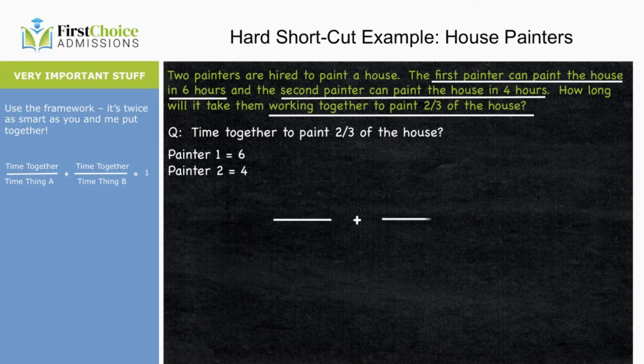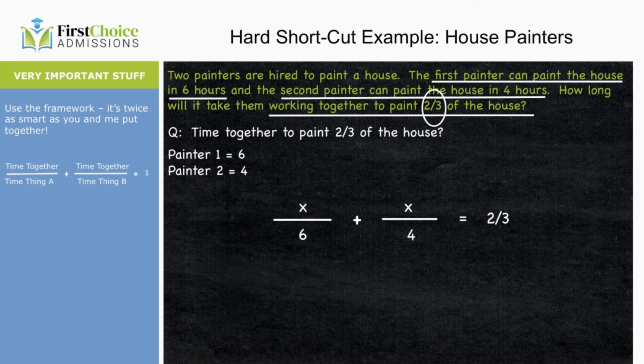And my guess is that mere moments ago, this would have seemed like a pretty difficult question. But with the brilliance of the shortcut, we can do this question in no time flat, because we will take our 2 fractions, we will add them together, and they will equal not 1, but 2/3, because that is how much of the house we are painting. So we know that x is on the numerator because we're asked for time together.